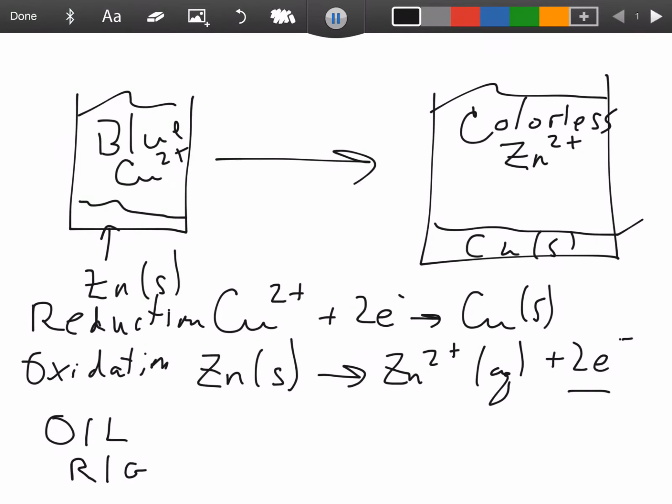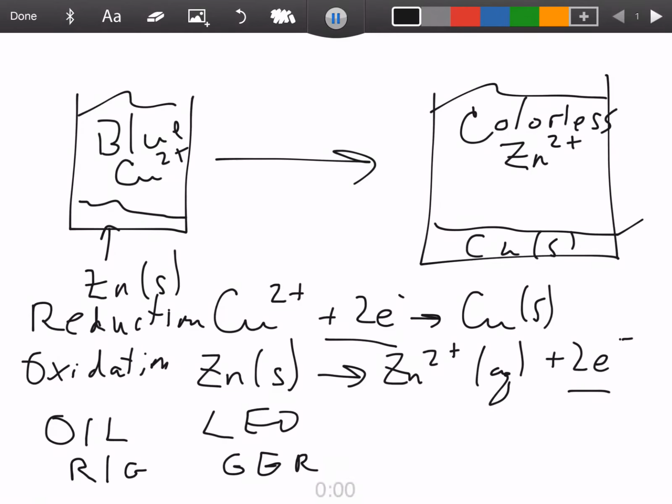And the RIG stands for reduction being a gain of electrons, so the copper 2+ is gaining electrons and becoming metallic copper. There's another mnemonic that sits out there, which is LEO the lion goes GER, right? Standing for the loss of electrons being due to oxidation and the gain of electrons being due to reduction.